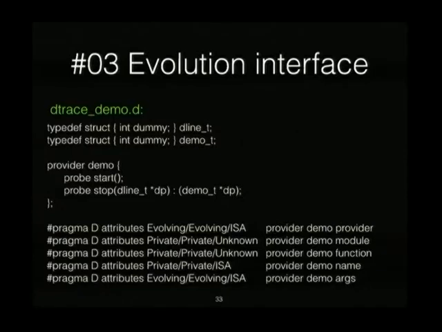You write stability via special pragma options and your attributes. And this code also shows how to work with structures.